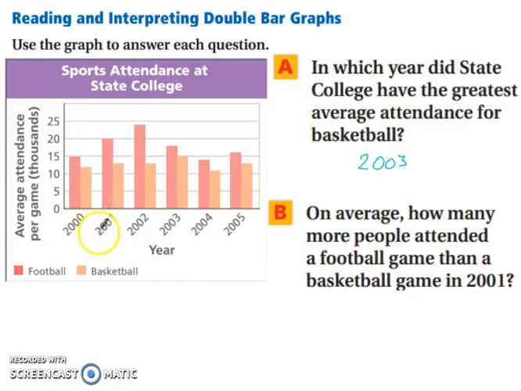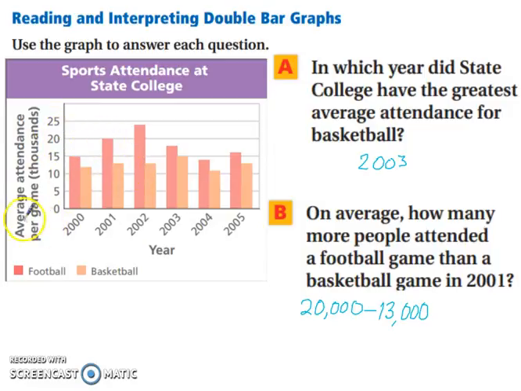So you're going to look at your 2001 category, and you're going to compare the football bar to the basketball bar. And in this case, we have 20,000 minus 13,000. In case you're wondering, it looks like it was just a 20 and a 13, right?